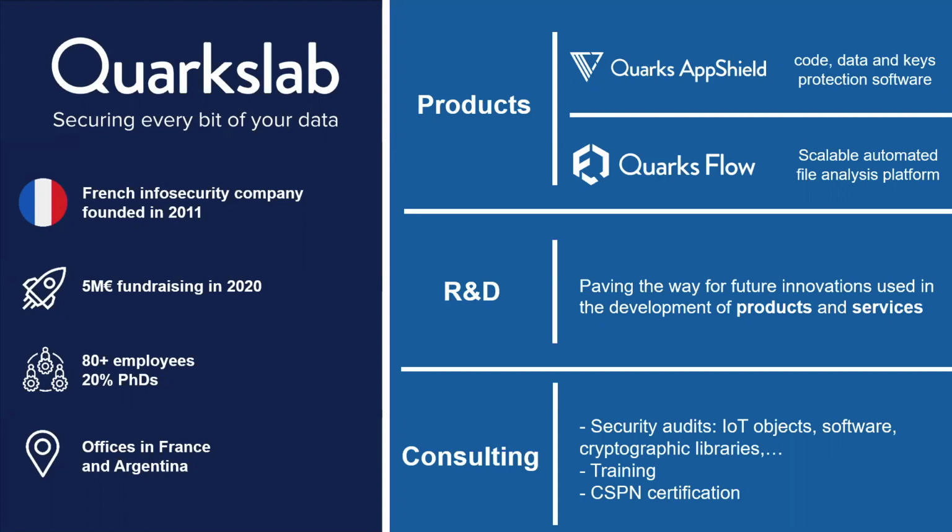We are quite well known in the security industry for our research work and some open source tools that we publish, technical publications that we've done, vulnerability discoveries, and our blog. As of today, we have around 80 employees, 20% of which have PhDs, they are doctors. So that's a summary of our company.